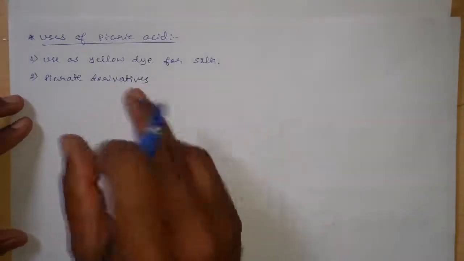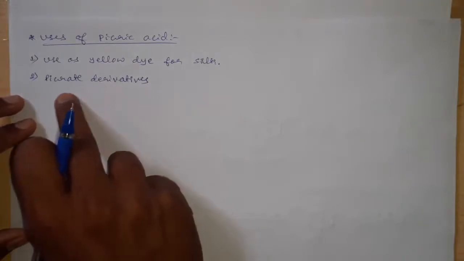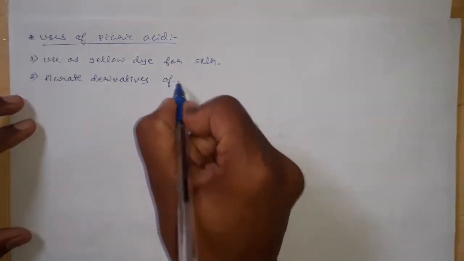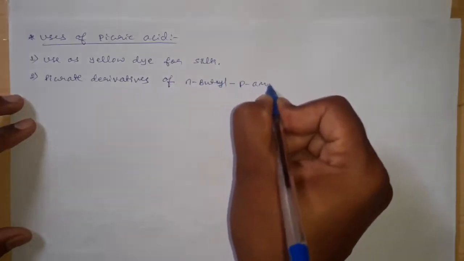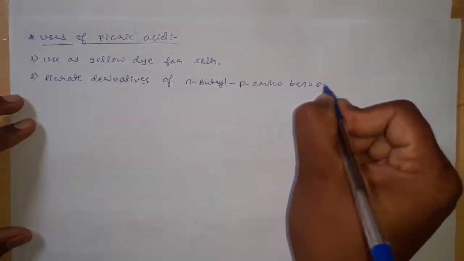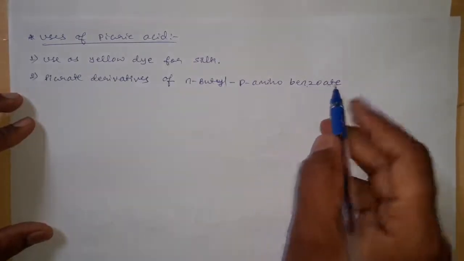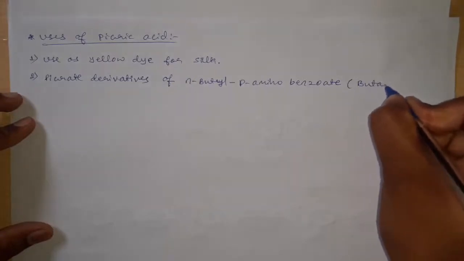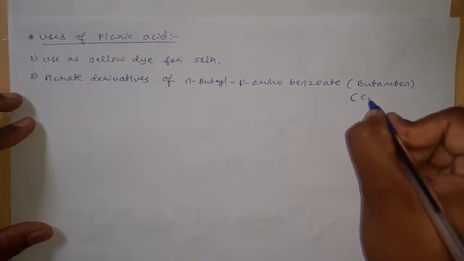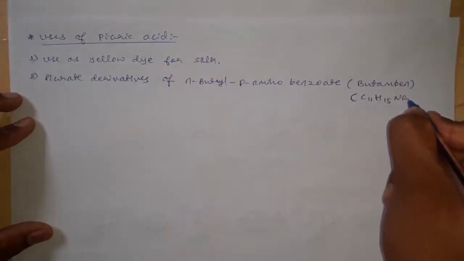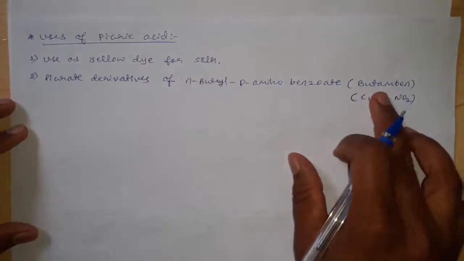The picrate derivative of N-butyl para-amino benzoate, which is also called butamben, which has a formula of C11H15NO2, is the picrate derivative of this N-butyl para-amino benzoate.